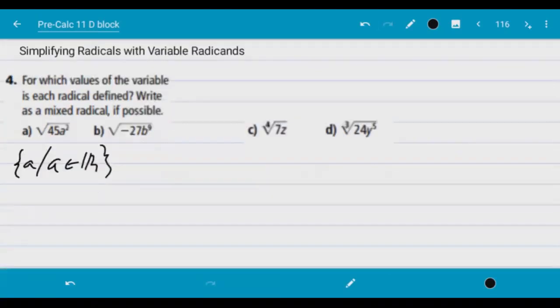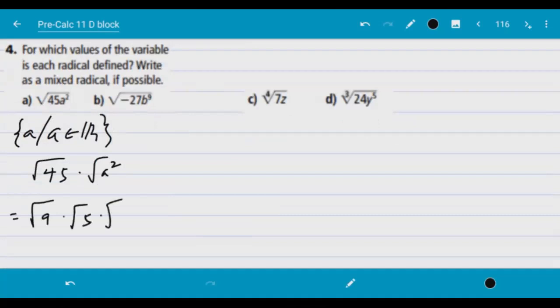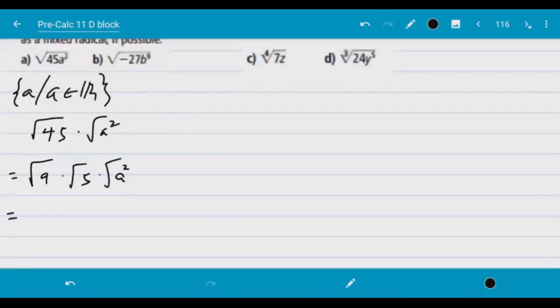What does that mean? That means that if you get the square root of 45a squared, what you're going to be doing is root of 45 times root of a squared. Now, root of 45 would be root of 9 times root of 5. Root of 9 is 3.